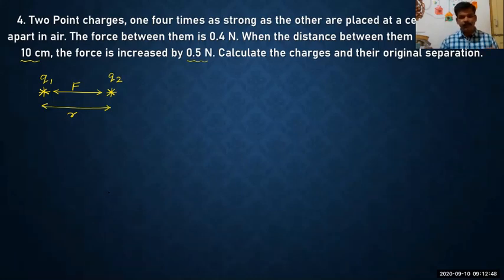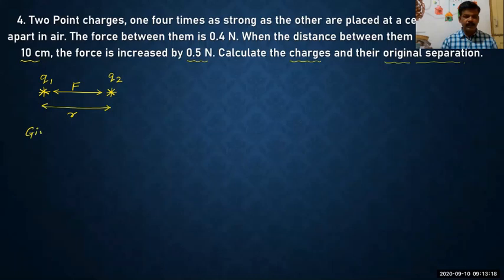Yes. Here we have 2 situations. In the first situation, they have given some information regarding the charges, and in the second situation, they make some changes and again give some information, and they ask you to calculate the charges and the original separation. So let the charges be Q1 and Q2.